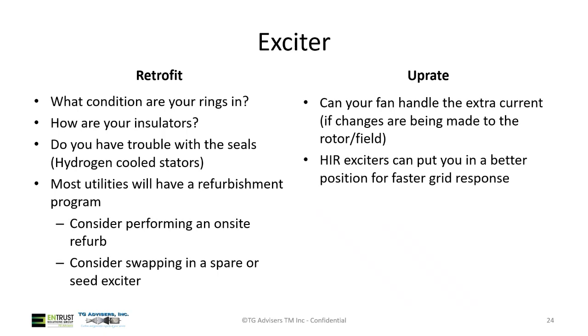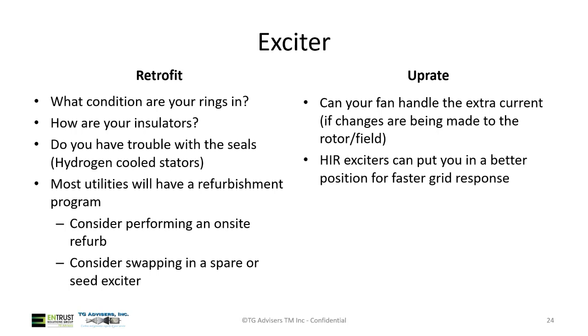The reason you want to look at things like that is that it may not be immediately needed, but if you can afford to do it now, you could save yourself an unexpected outage for a silly reason. Not a catastrophic event, but just something like your seals are compromised and you have to come down because of hydrogen consumption.